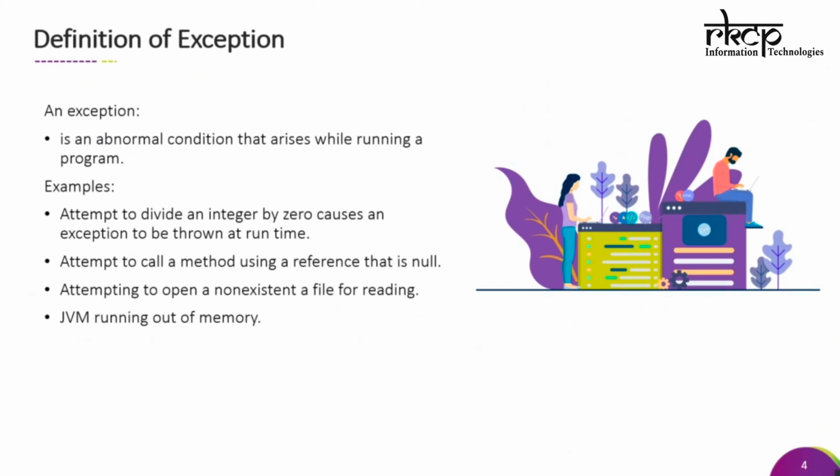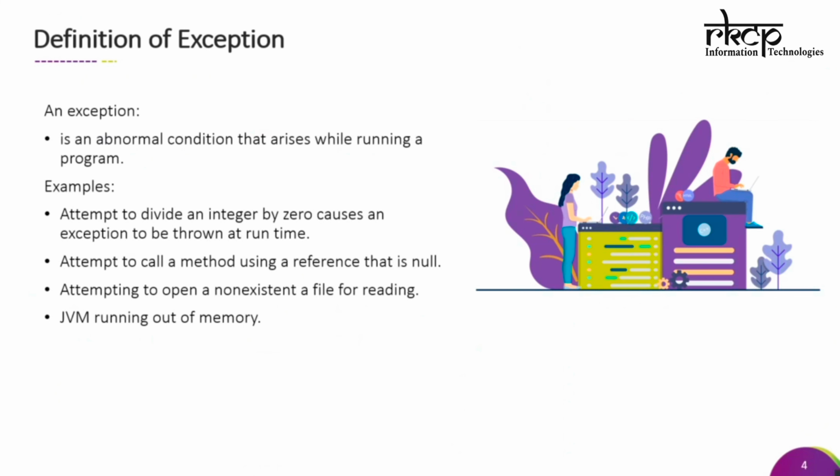If you want to open some file which does not exist, that is a file not found exception. If you use an array and give the size of the array as negative, that is a negative array size exception. All these are fully dependent on the user. If the user gives the wrong input, then exception will come, abnormal behavior will come.